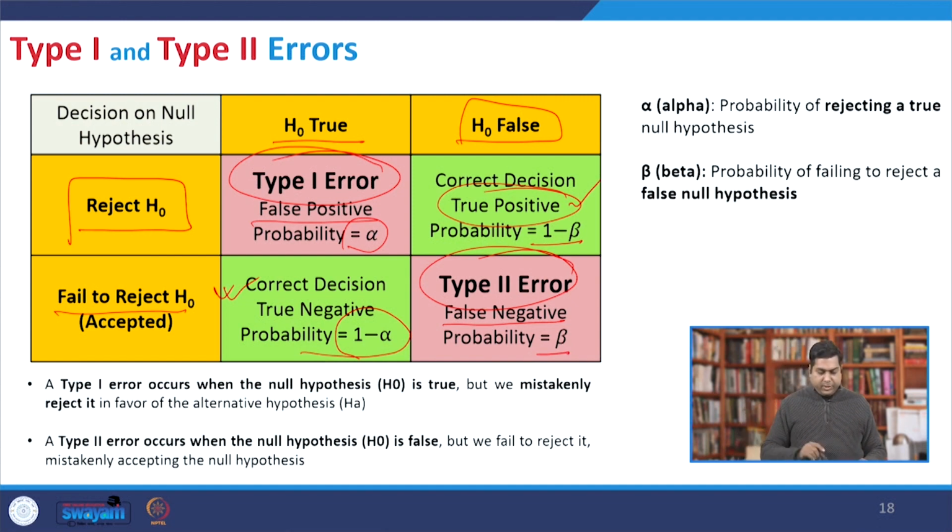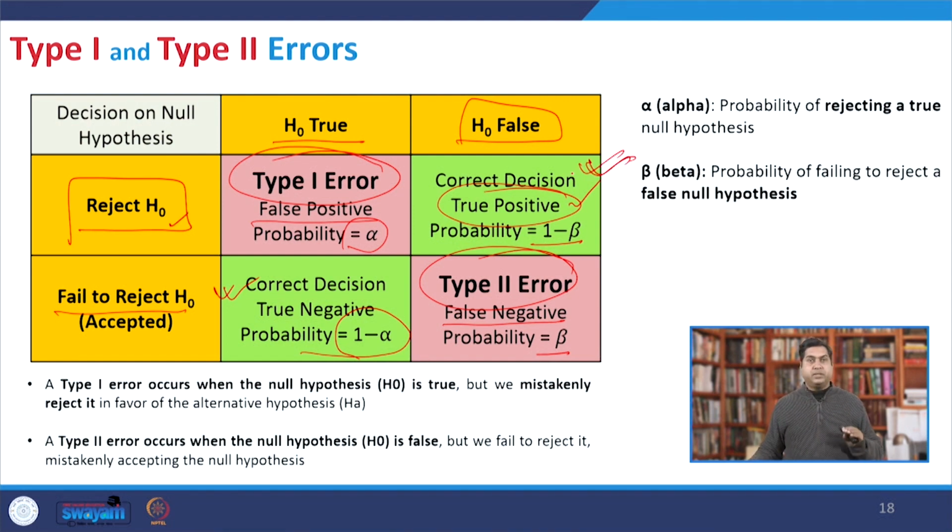So in short, we can make two right decisions in this matrix. When the null hypothesis H0 is false, we have to reject it, and that is a correct decision.